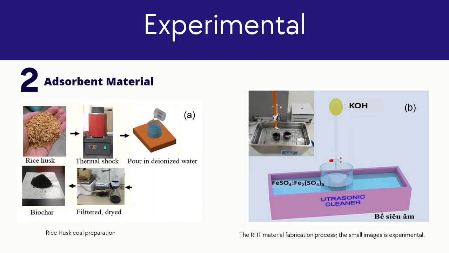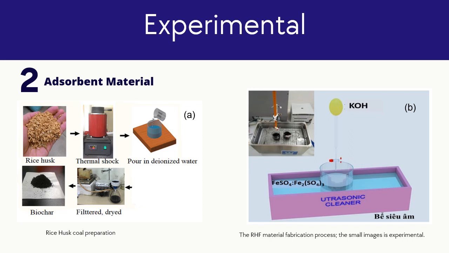To fabricate the adsorbent material, I used activated carbon and iron oxide by the co-precipitation method from iron salt 2 and 3 solution. Weigh 10 grams of activated carbon into a 1000 milliliter glass beaker.